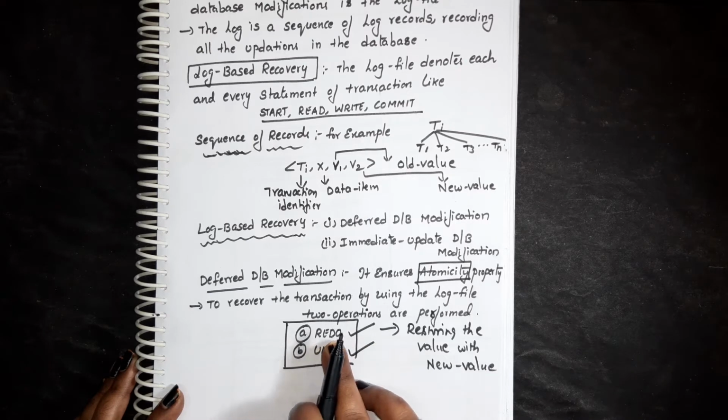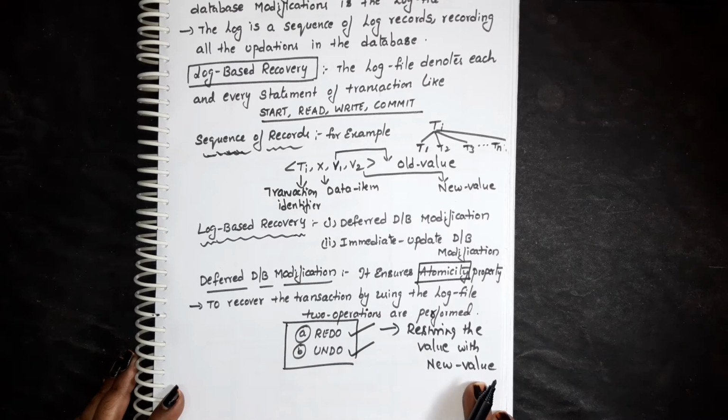You do the redo operation whenever the transaction executes read and write operations and is properly committed; after the commit operation, you are going to execute the redo. In this case, the transaction value can be restored with the new value. And when you execute the undo operation, you restore the value with the old value.